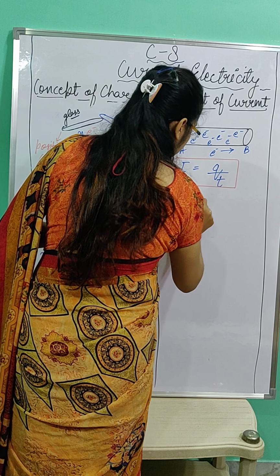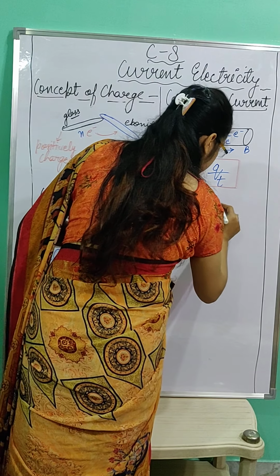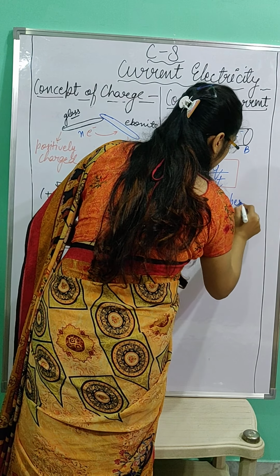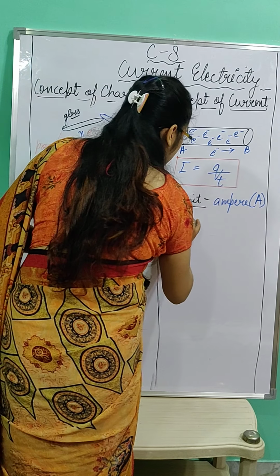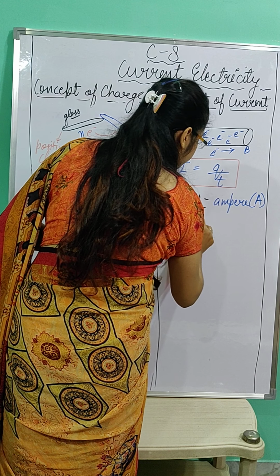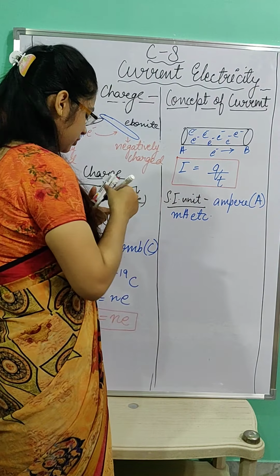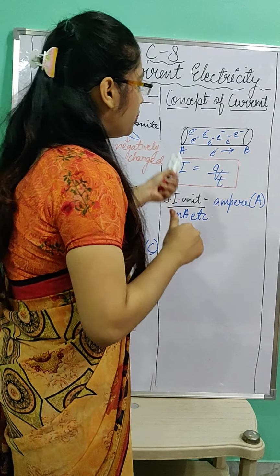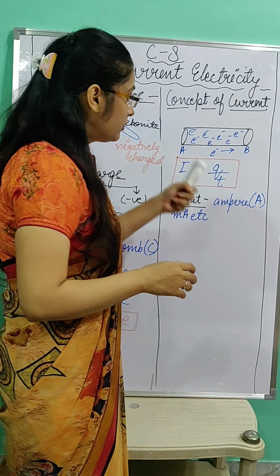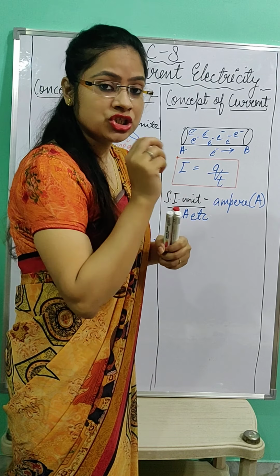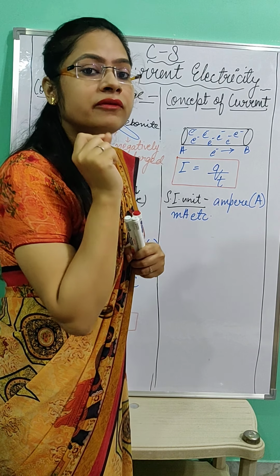Now the SI unit of current that you have already studied is ampere, represented by capital A. Some other units are also there like milliampere, etc. Rest of the things you can see in the book also. Now when these electrons are flowing from one place to another, we are talking about the charge flow. We are not still telling the direction of current.